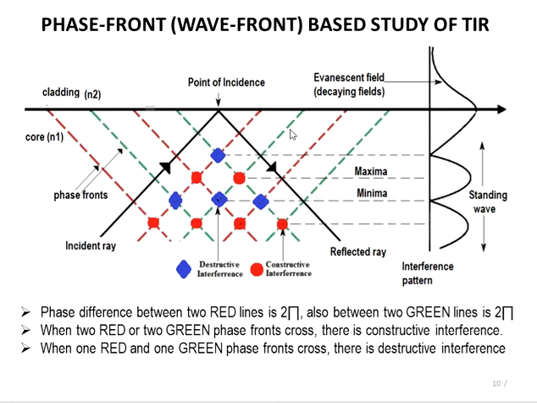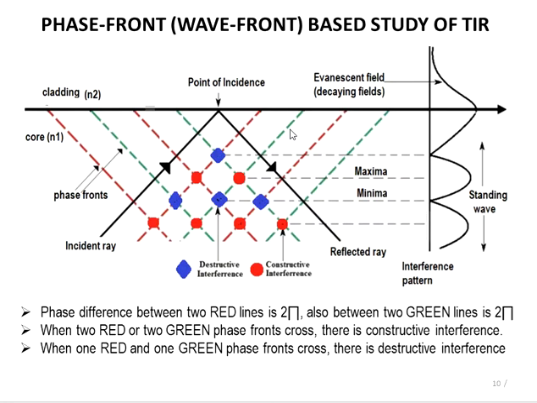When the ray is reflected from the core cladding boundary, at the reflection point there will be some phase change, and because of this phase change there will be constructive and destructive interference.